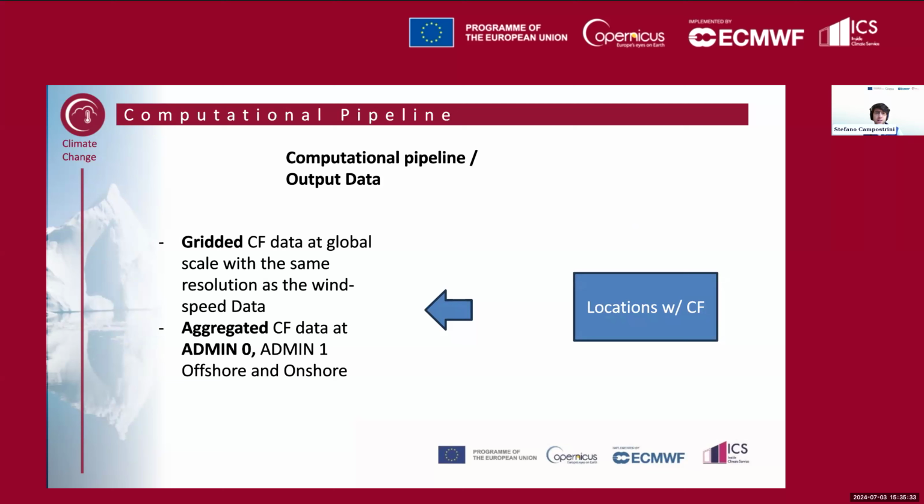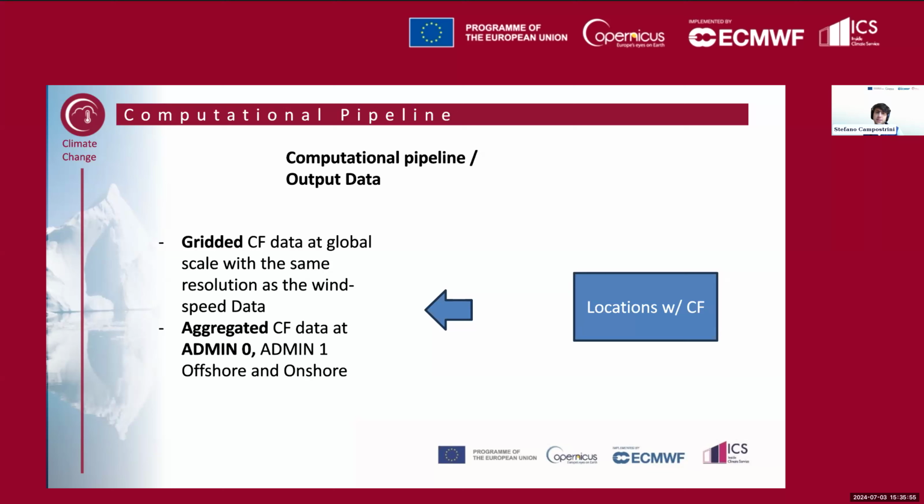So if the input data is hourly, the output capacity factor time series is hourly. If the input data is 3 hourly or 6 hourly, the output data will also be 3 hourly or 6 hourly, or if it's daily, again, the output data will be daily.